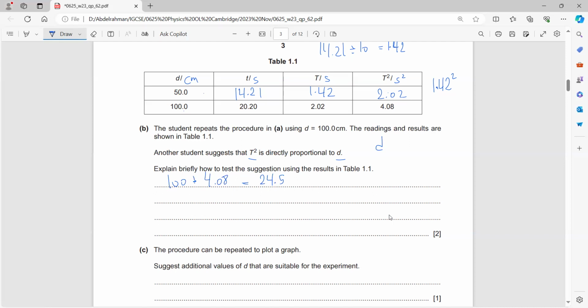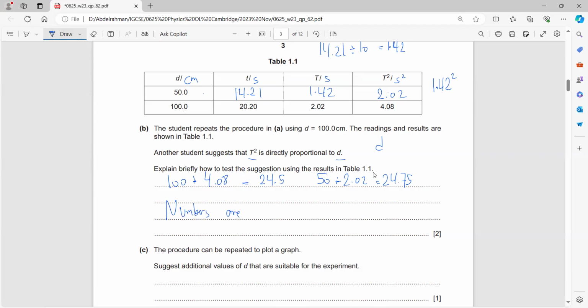What if I calculate 50 divided by 2.02? It's 24.75. Aren't they almost the same number? Yes, the numbers are close.